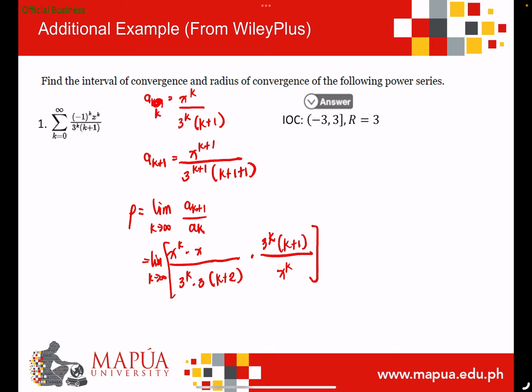So we can cancel out x raised to k and 3 raised to k. So we have the limit as k approaches infinity of x times k plus 1 over 3 times k plus 2.